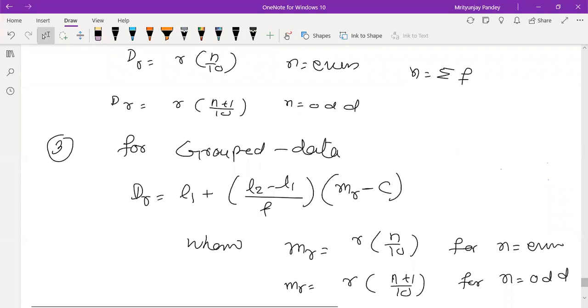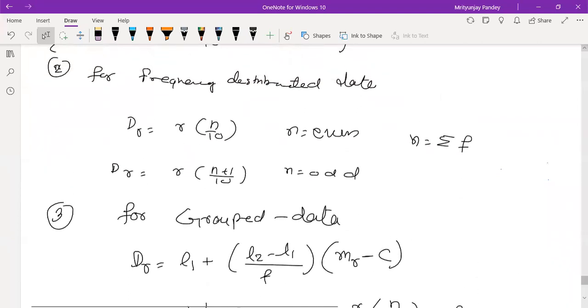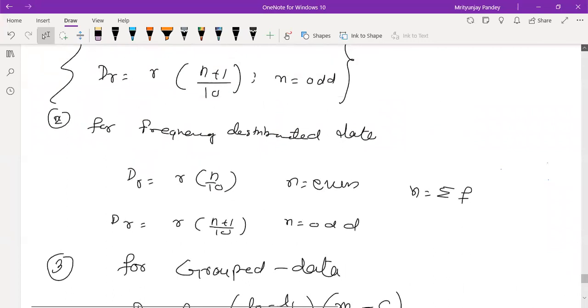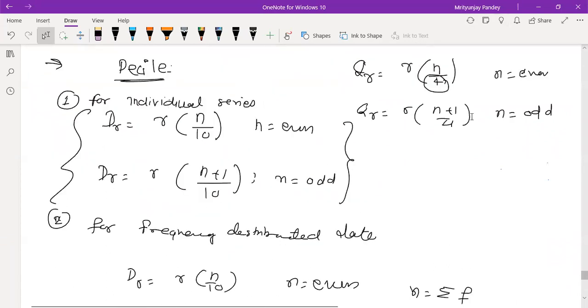Note down all these formulas, then we will solve 3 examples. The first one for an individual series, the second example based on frequency distributed data, and the third one for grouped data. But before that you have to write all these formulas.